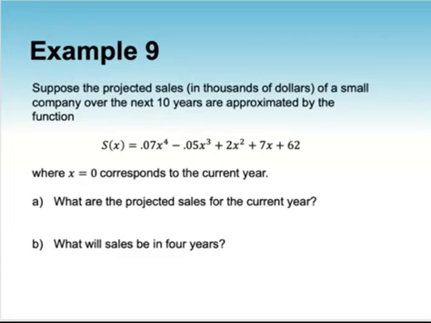For part A, we are asked, what are the projected sales for the current year? So here it tells us that x equals 0 corresponds to the current year. So for part A, it's really asking us for S of 0.